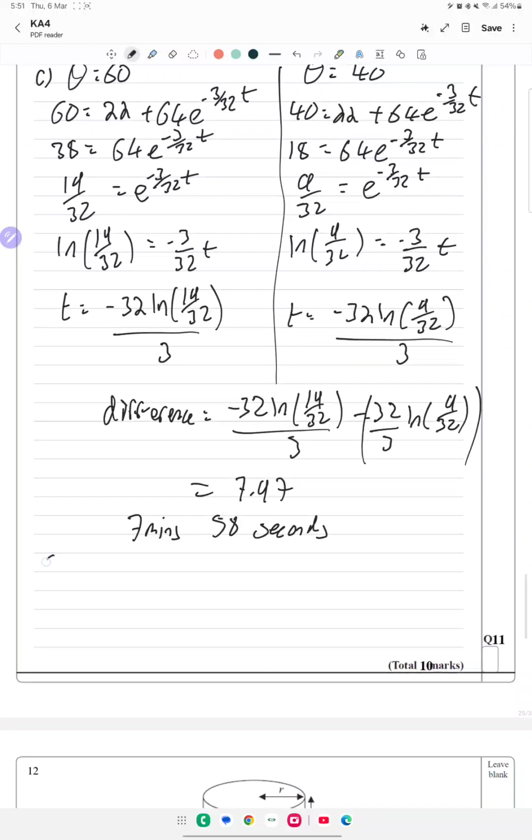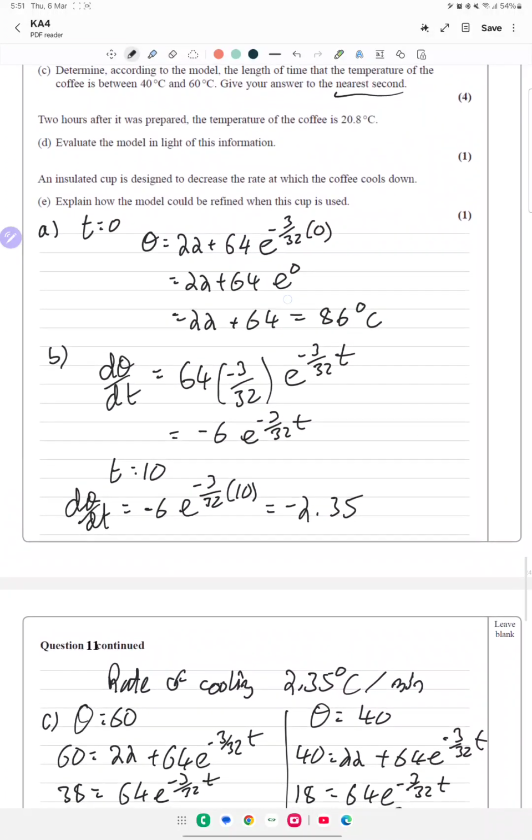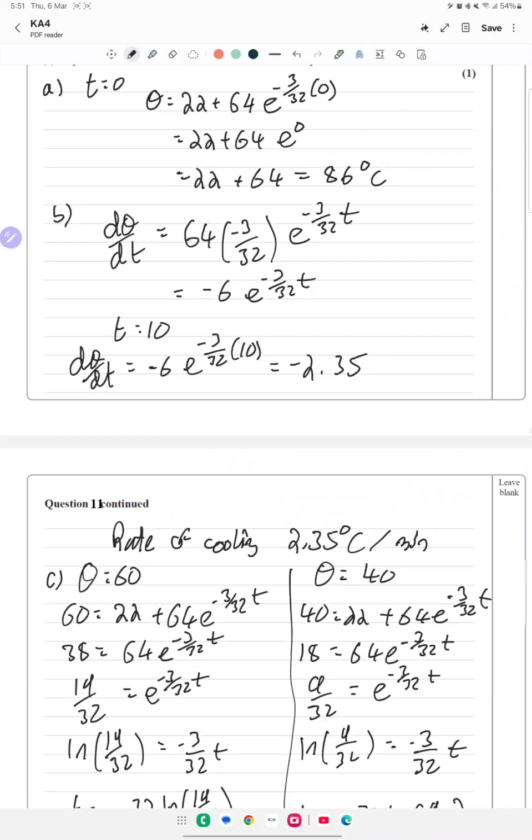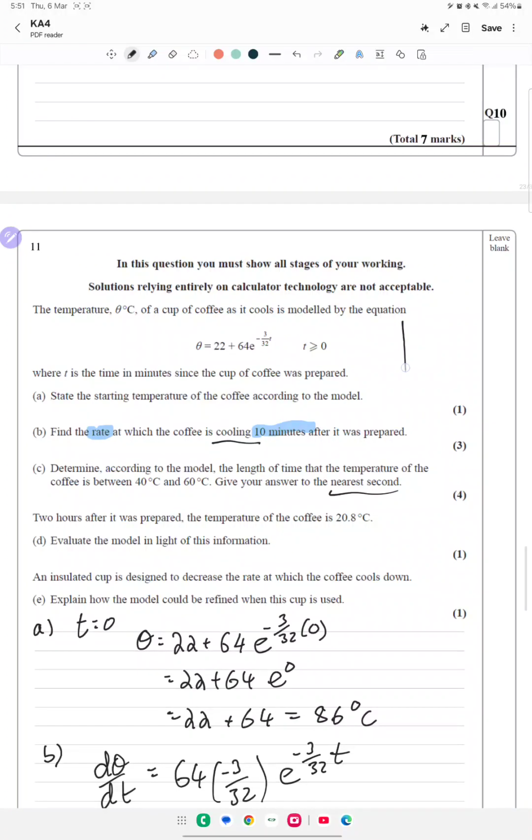We have to squish parts D and E in. So D, evaluate the model. Two hours after it's prepared, the cup is 20.8. Well, if we look at this equation, if you drew it, this 22 shifts the whole graph up 22. So it shifts it from having an asymptote that's flat to having one that's at 22.